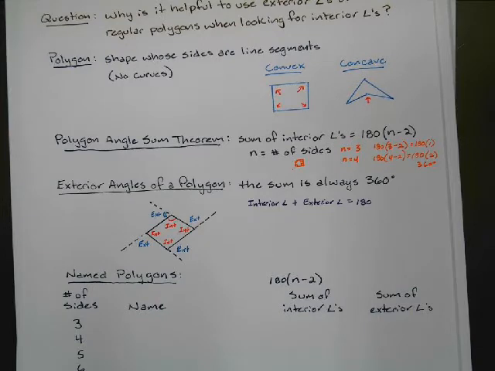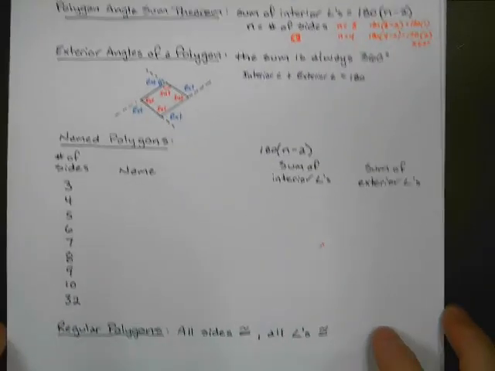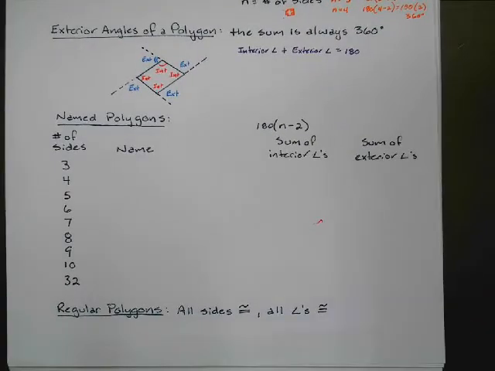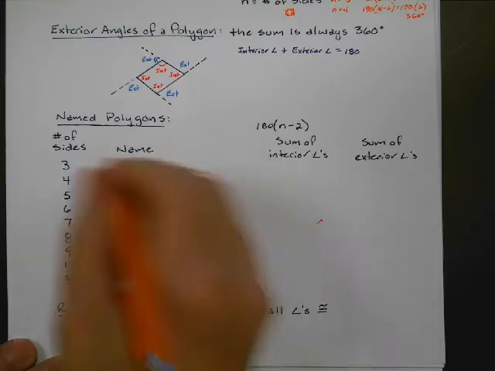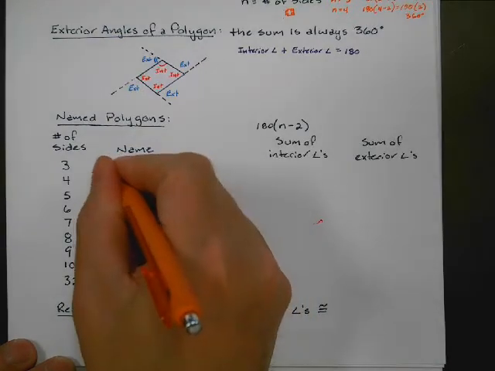All right, you need to know some terminology for naming sides. So let's fill in this chart here. The polygon with the least amount of sides would be 3, because 2 sides wouldn't make a shape. It'd just be 2 lines. So we know that one is, of course, a triangle.